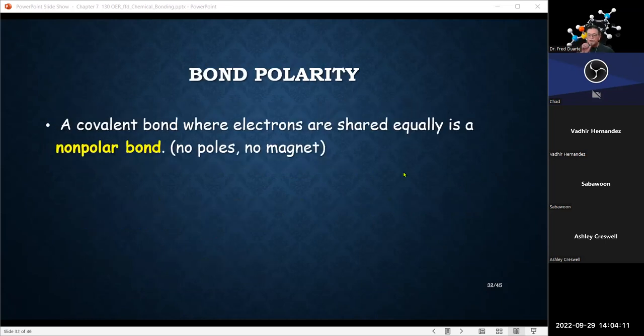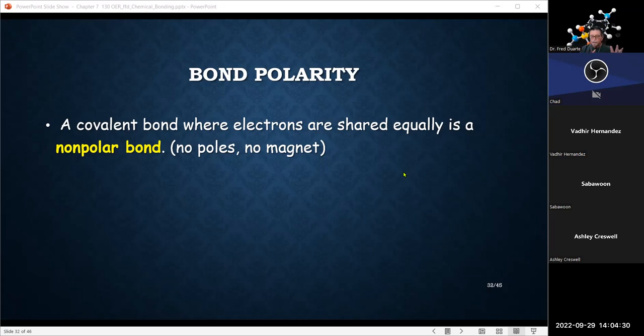Which brings us to the term polarity that I just introduced. To determine the polarity of the molecule, we have to look at the polarity of the bond, the covalent bond specifically.